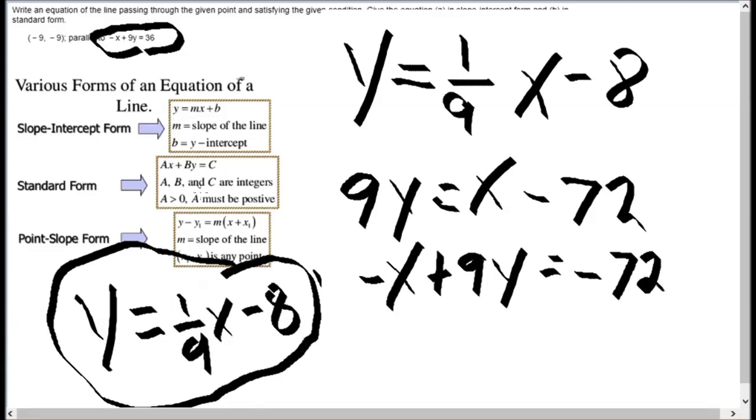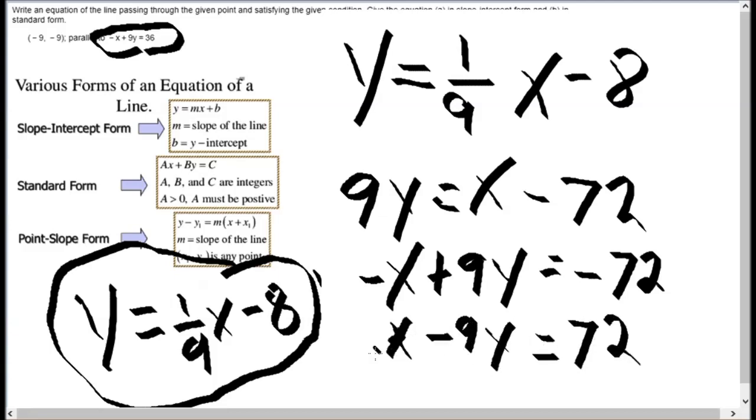And notice here it says that A must be positive, and here I have A as negative, so just multiply everything by -1, and you get your answer: x - 9y = 72. And that is the answer to the second part, the standard form. There you have it.